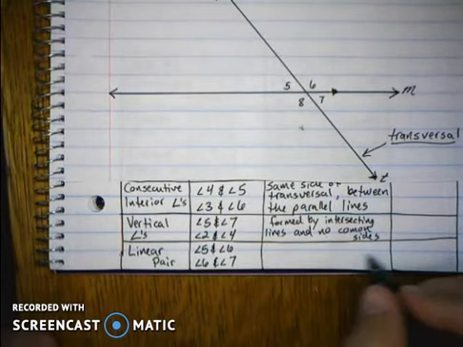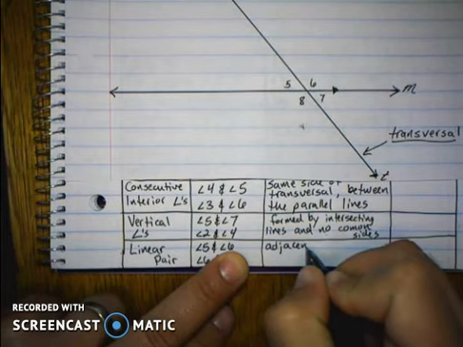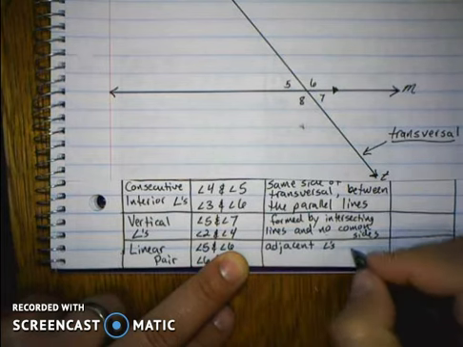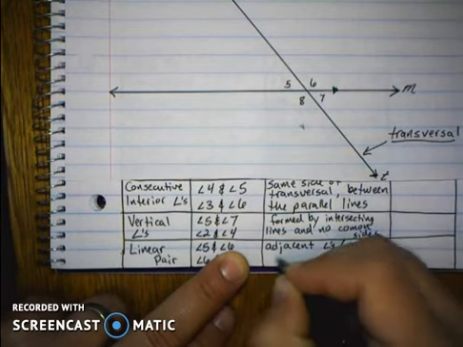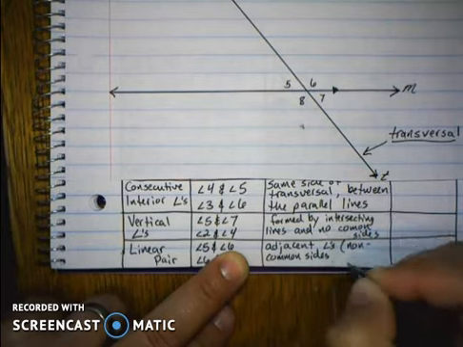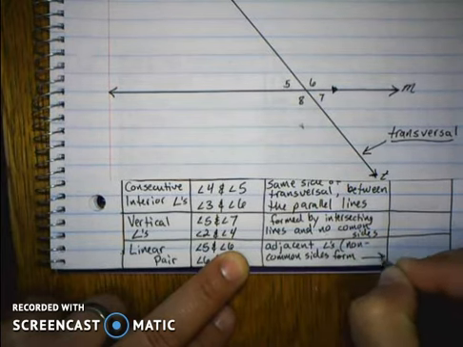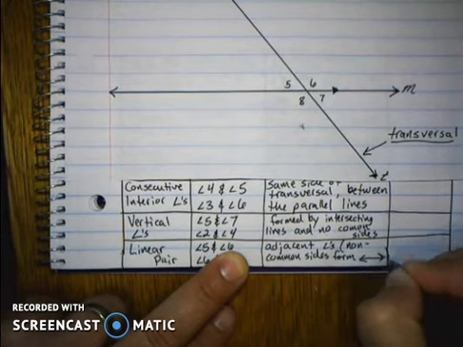Remember what the definition for linear pair is. Adjacent angles, okay, where the non-common sides form a straight line. You can abbreviate this.